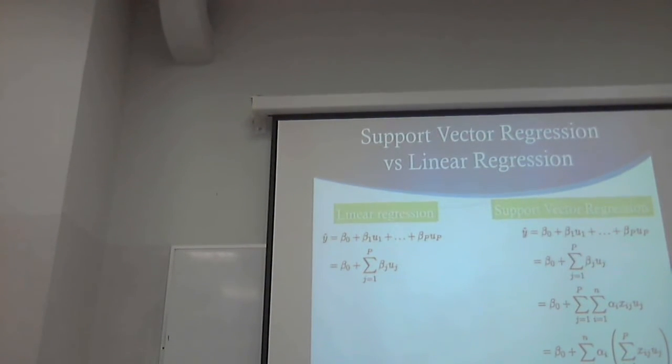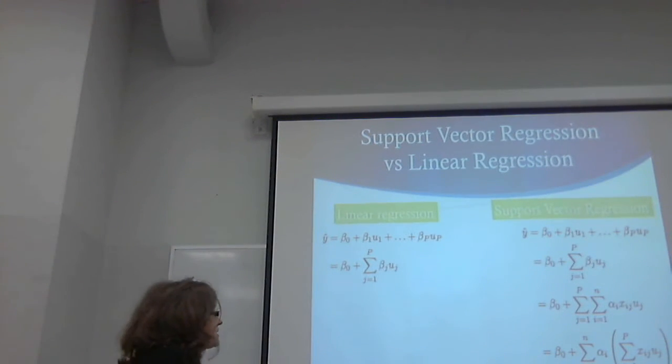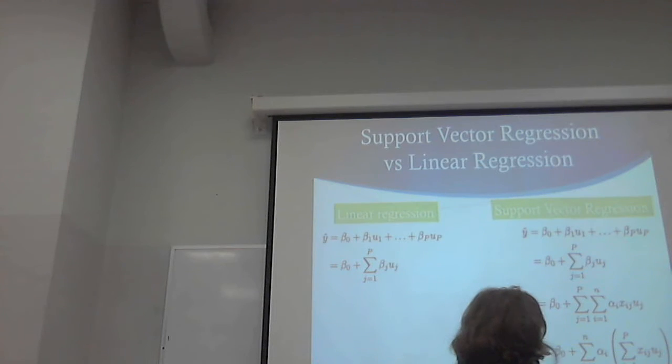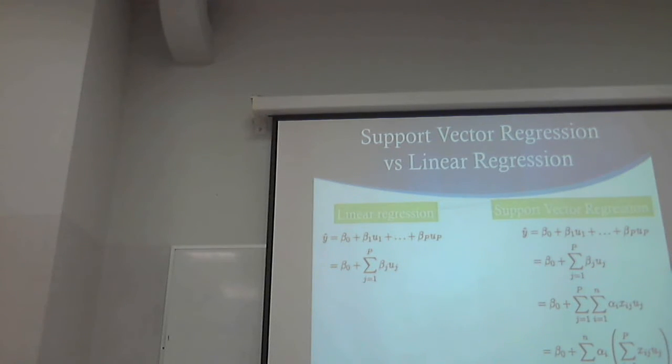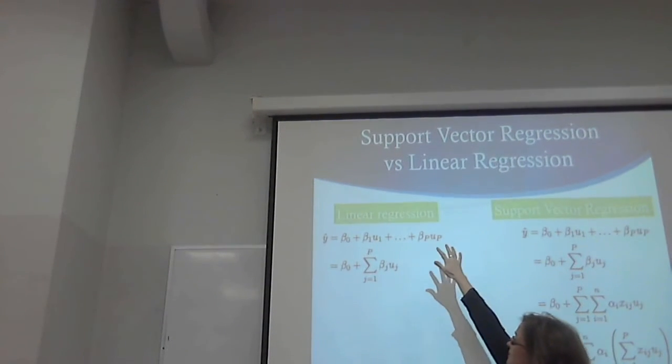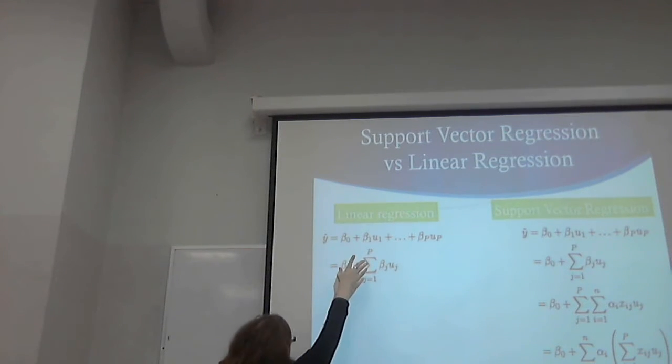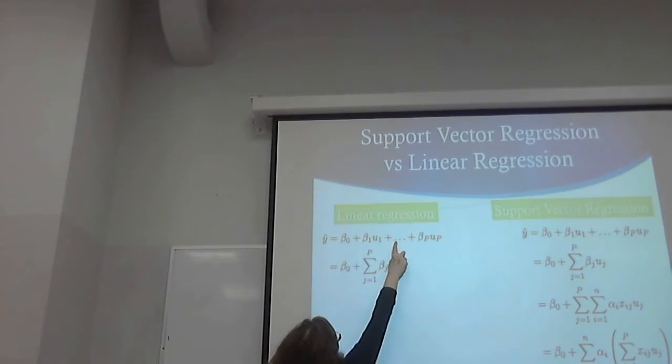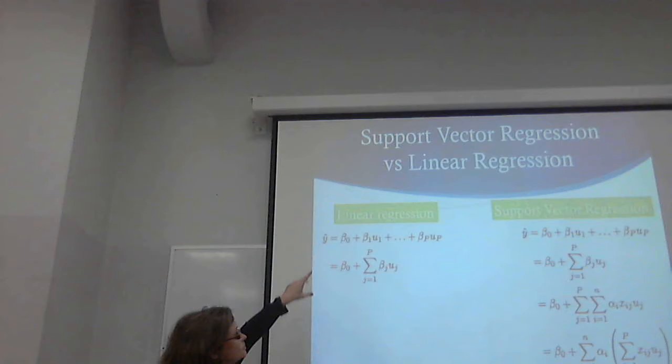This is to show you that linear support vector regression is also a linear combination. Again, it's a linear combination, but a kind of tricky one. In linear regression, we are just trying to find coefficients in front of our predictors.